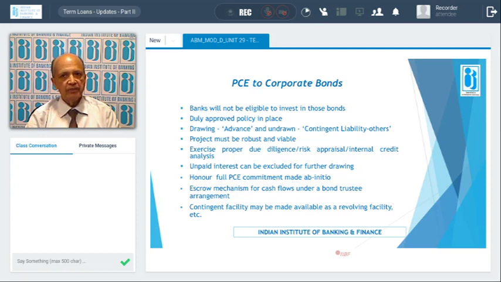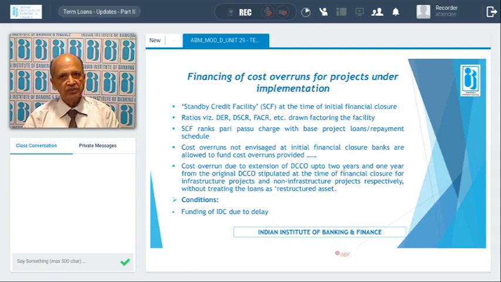Then the contingent facility may be made available as a revolving facility. Once it is paid off, it can be considered as a revolving facility. So these are the guidelines so far as issuance of partial credit enhancement is concerned, credit enhancement to the corporate bonds.